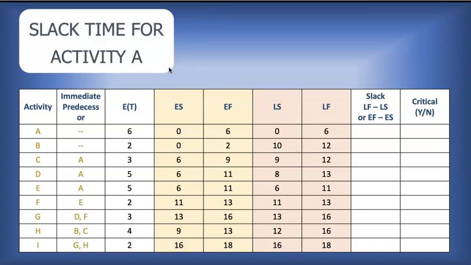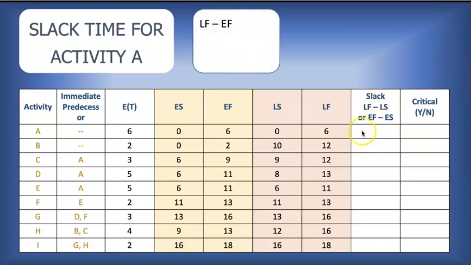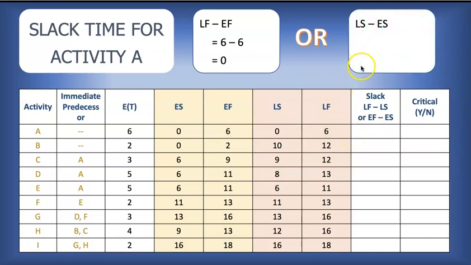Next, we are calculating the slack times. Right, so the slack time, let's go through quickly. So it's the latest finish time minus the earliest finish time. So LF minus EF. So for activity A, 6 minus 6, 0, or we could also say the latest start time minus the earliest start time, which will be 0 minus 0 to give us 0.